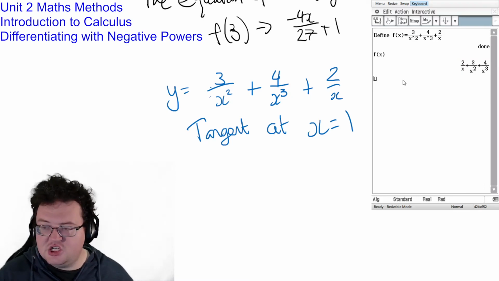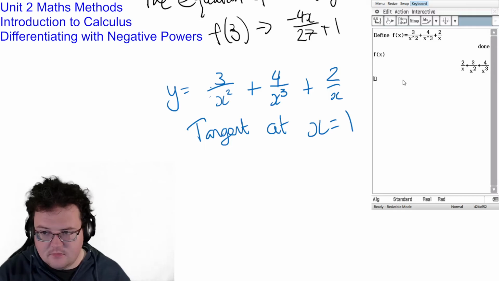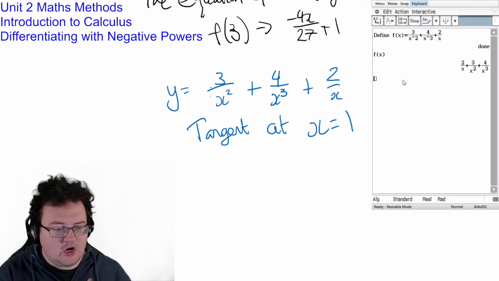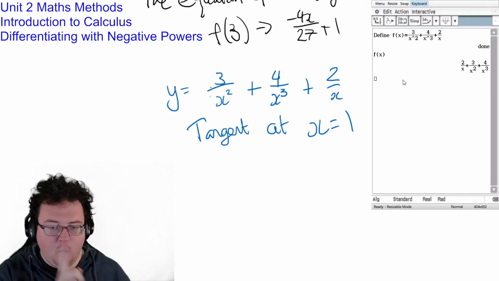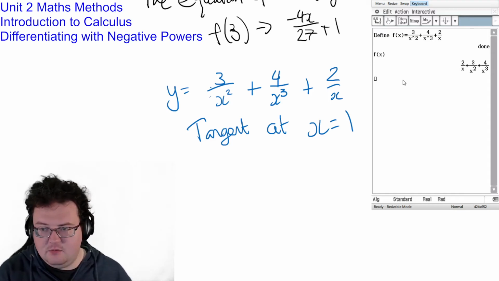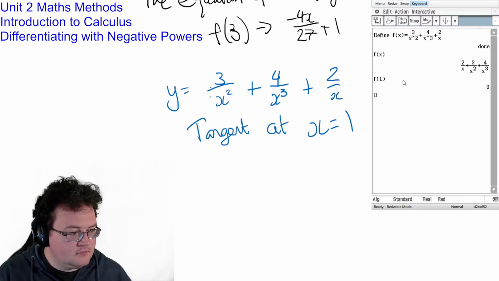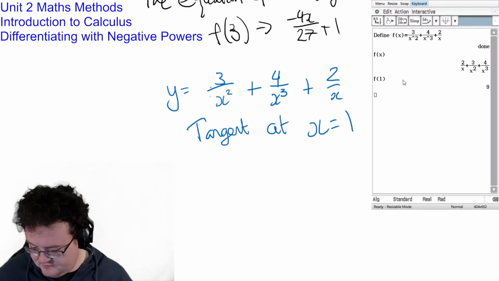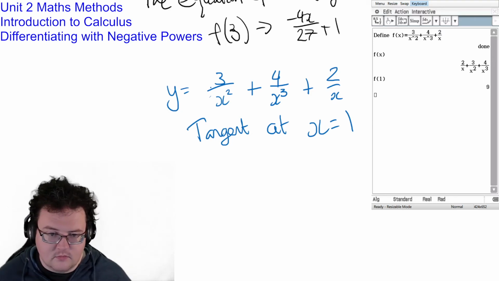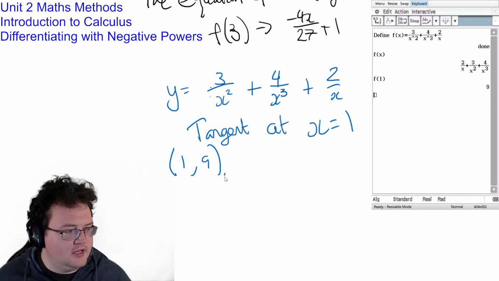Just so that I have it handy, I need to know what the value of y is at x equals 1. So I'm going to search for f of 1, and that's 9. So I have 2 pieces of information. I have the function, and I also know that it will pass through the point 1, 9.